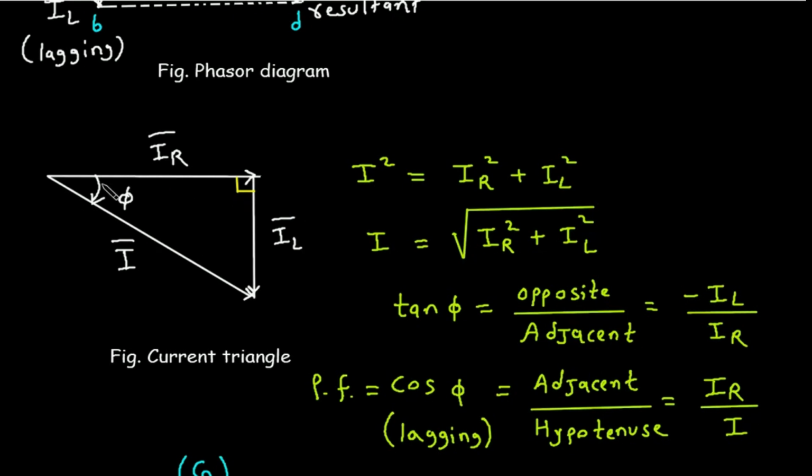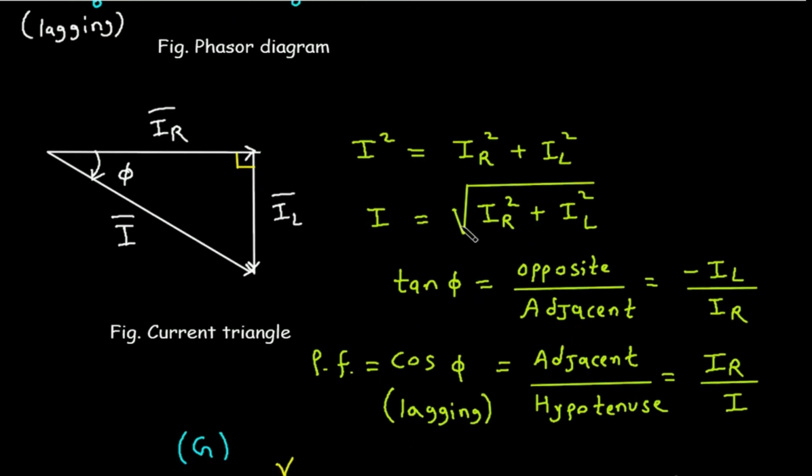Now if we apply the Pythagoras theorem to this right angle triangle, then hypotenuse square is equal to opposite side square plus adjacent side square. So here I square is equal to IR square plus IL square. So from this, I is equal to under root of IR square plus IL square.